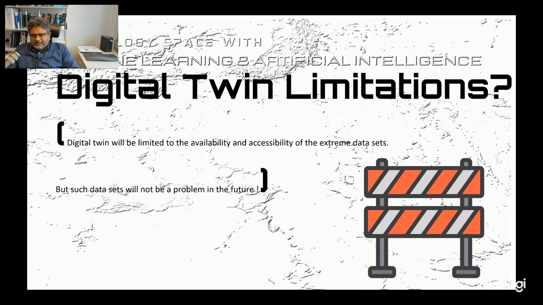Then you might ask, are there any limitations on the digital twin? Yes, the digital twin will be limited by the availability or accessibility of extreme data, since this is purely a data-driven approach while utilizing the existing domain knowledge. But I don't think that would be a problem in the future. The main reason is that most of these modern systems consist of a massive number of sensors, and these sensors collect a large amount of extreme data.